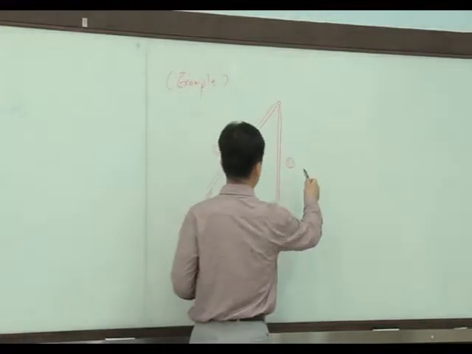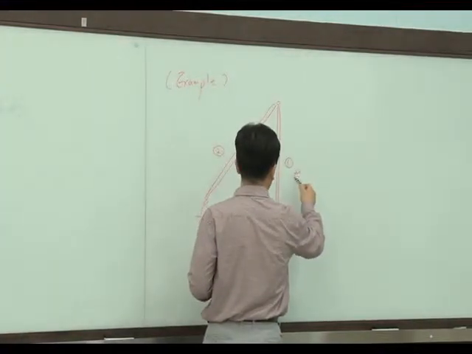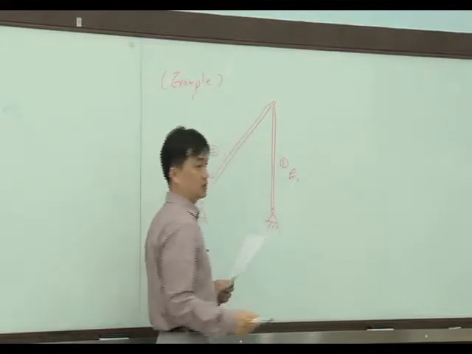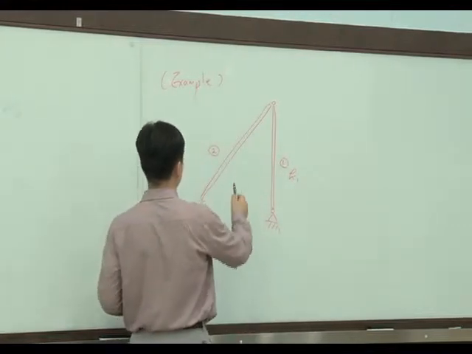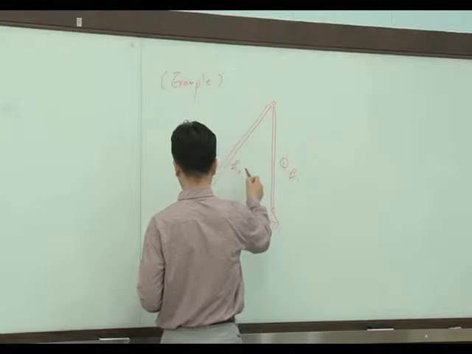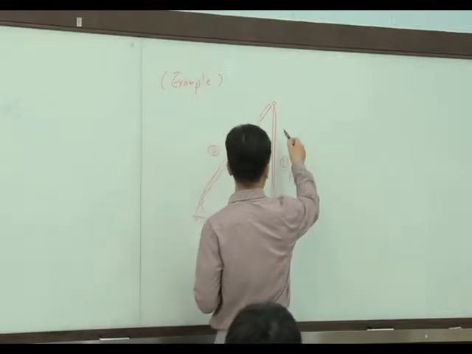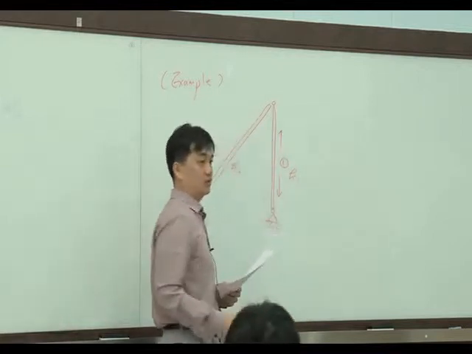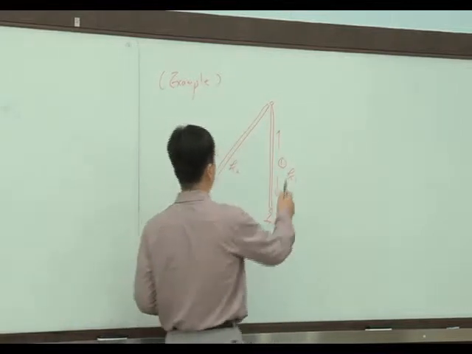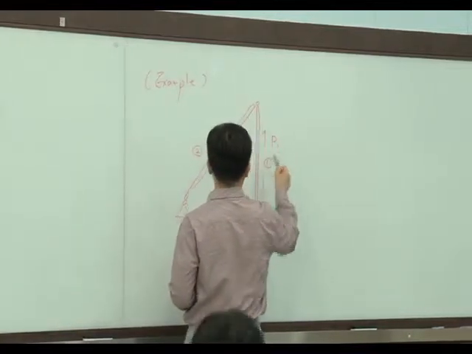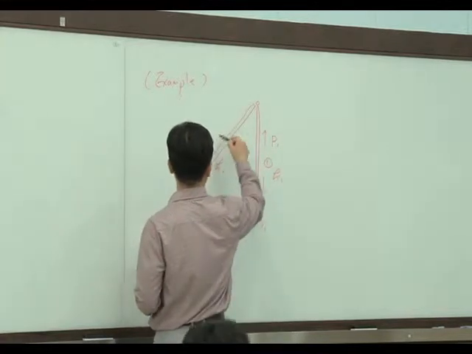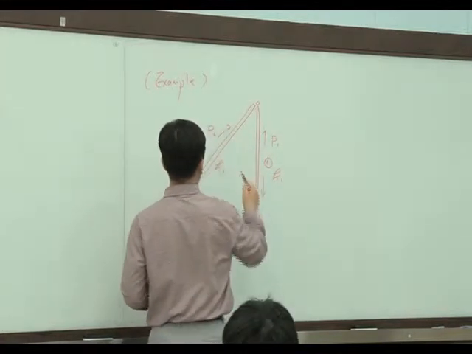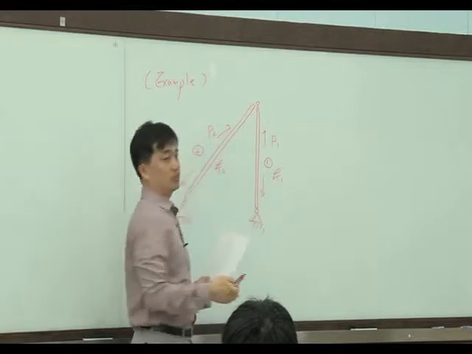Member 1 has a stiffness K1, member 2 has K2, and let's say the internal force is P1 and P2.